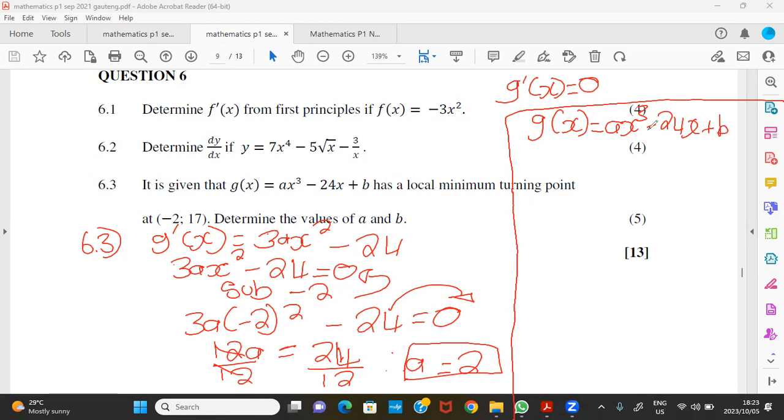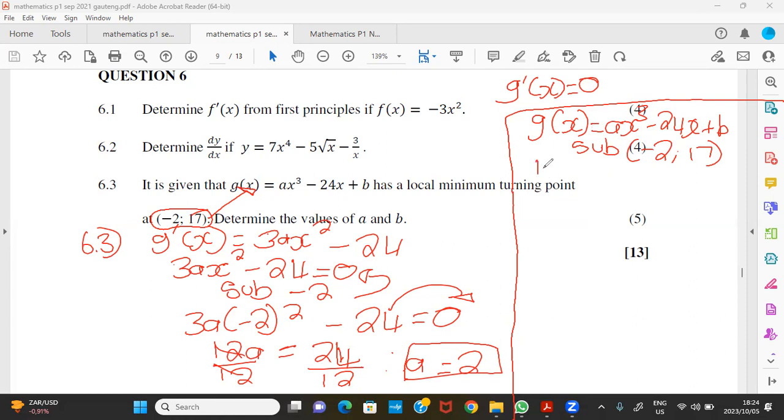And what I want you to remember is that even though this coordinate is a minimum turning point, it is still a point on this function, right? So what am I going to do now? I'm going to substitute this point into my function. So I'm going to substitute minus 2 and 70.